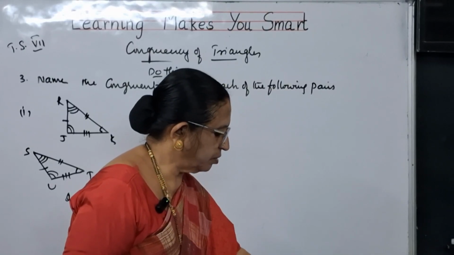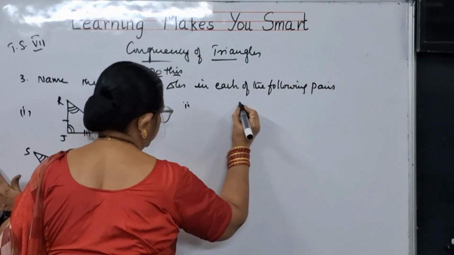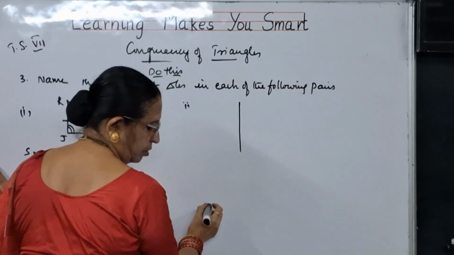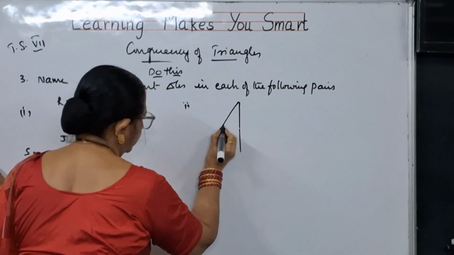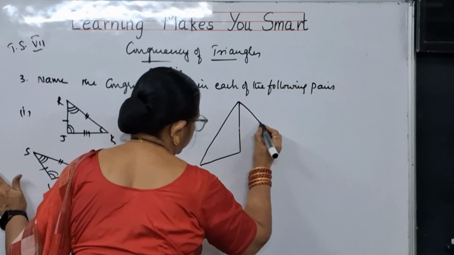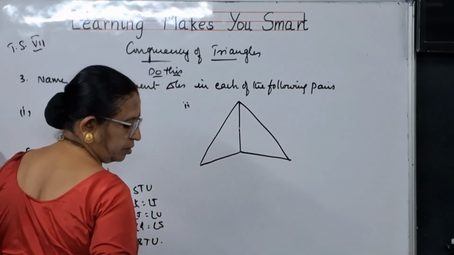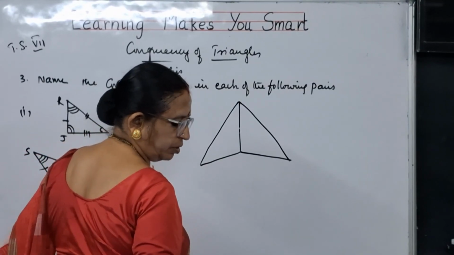So, the next one, you have got another figure, second figure. You have got a triangle in this way and another triangle like this.